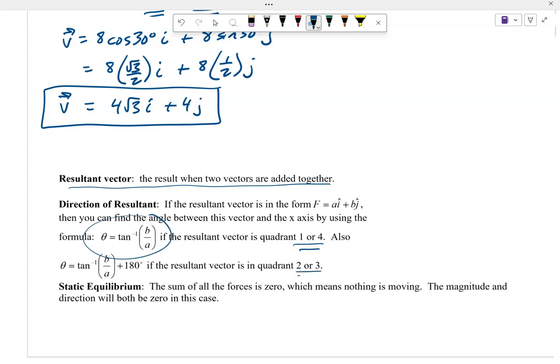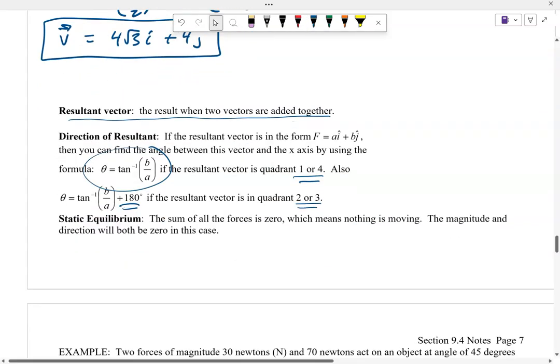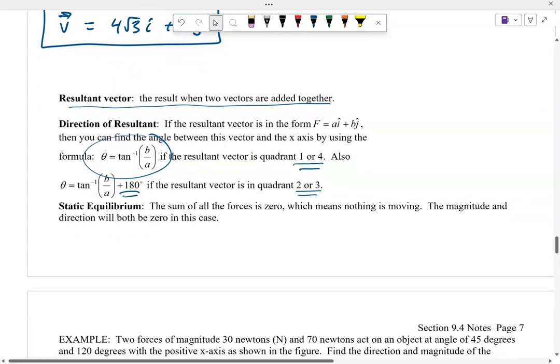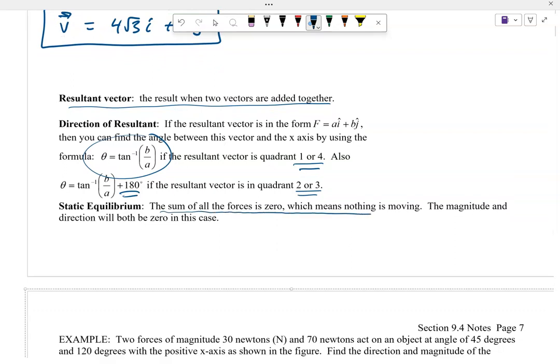If it's in quadrant 2 or 3, because of the arctangent restrictions, you have to add 180 degrees, because the inverse tangent gives a different angle. Now, static equilibrium is when the sum of all forces is 0, which means nothing is moving. So the magnitude and direction will both be 0.